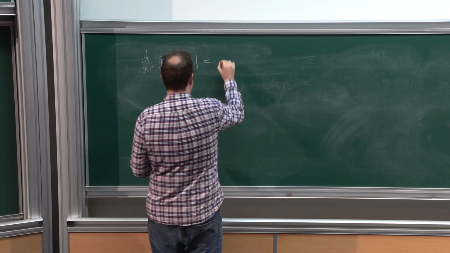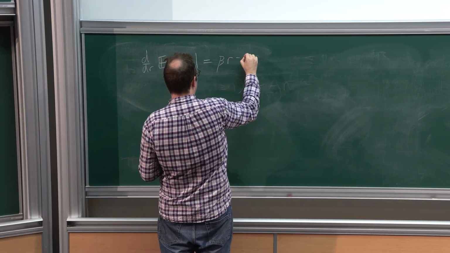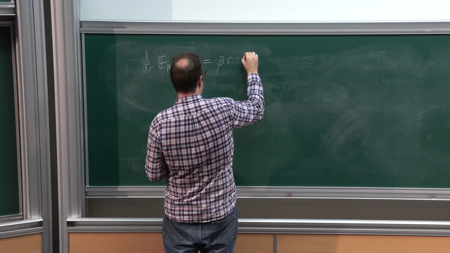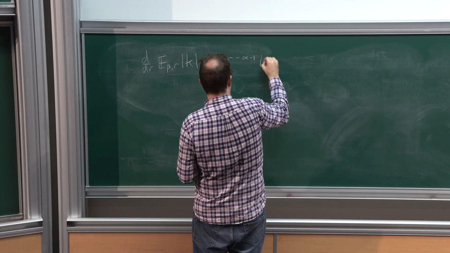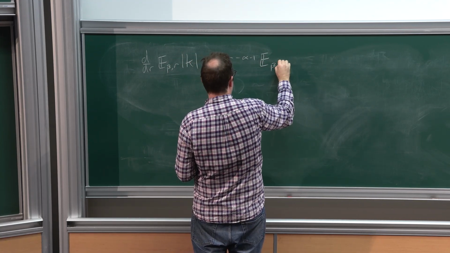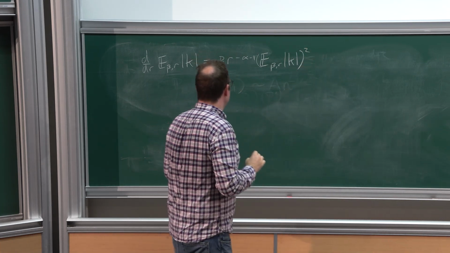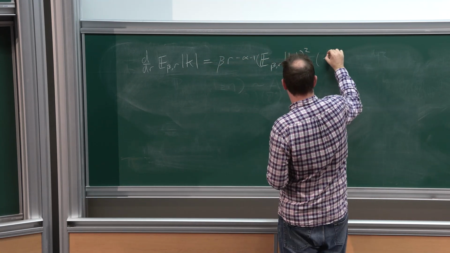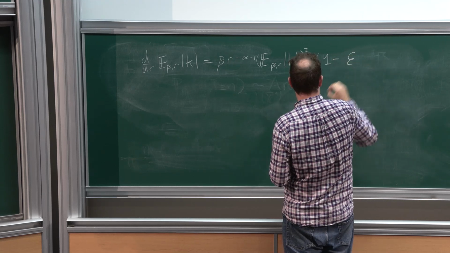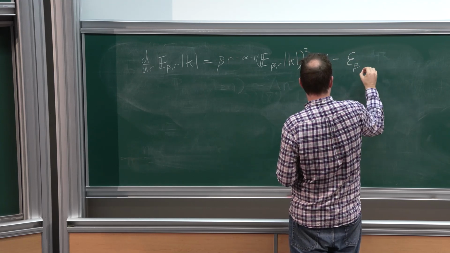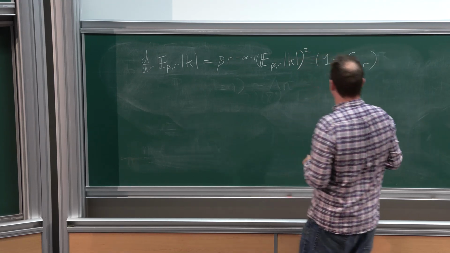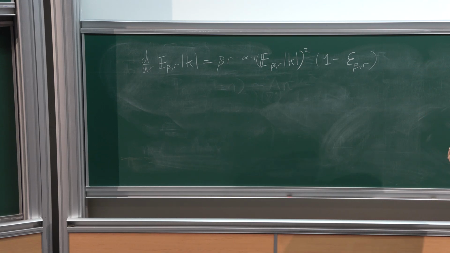So what we want this to be is beta r to the minus alpha minus 1 times the square of this. And I'm just going to write this as 1 minus an error term. Okay? And of course I can do that.